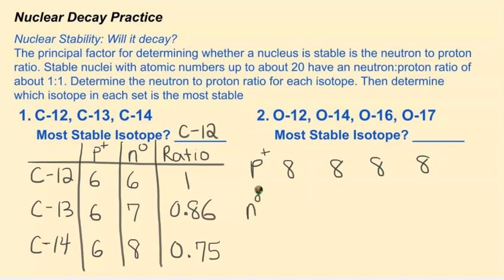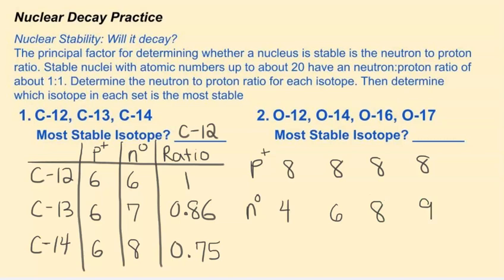And then we just need to figure out our number of neutrons. So oxygen-12, if oxygen has 8 protons, that must mean that oxygen-12 has only 4 neutrons. Oxygen-14 would have 6 neutrons. Oxygen-16 would have 8 neutrons, and oxygen-17 would have 9 neutrons.